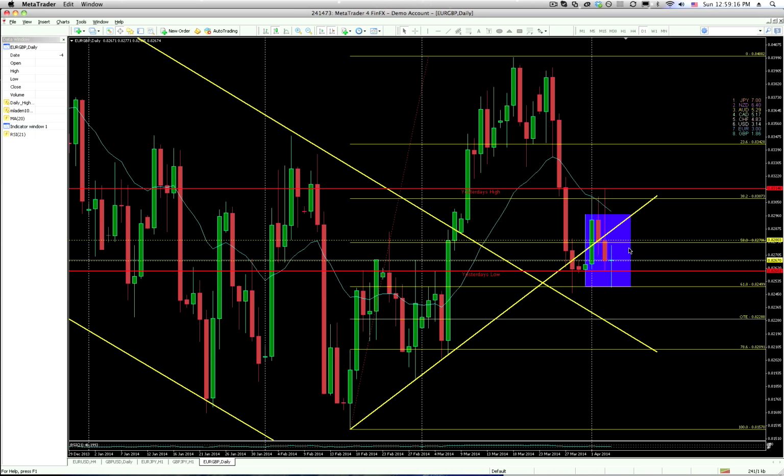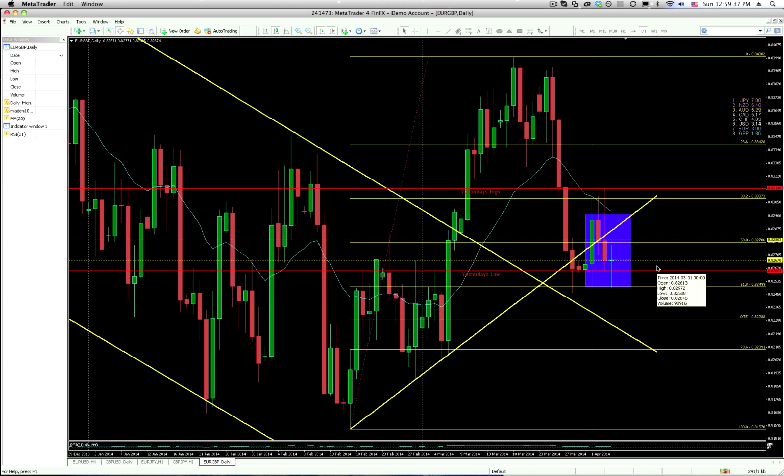Okay, so then also you'll see I have a blue box here which denotes a price trap on the daily, this being the candle right here, which gives us this price trap. And I'd say in a daily chart, this is a valid price trap.